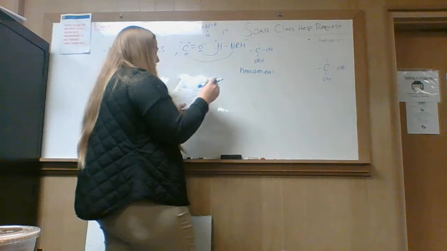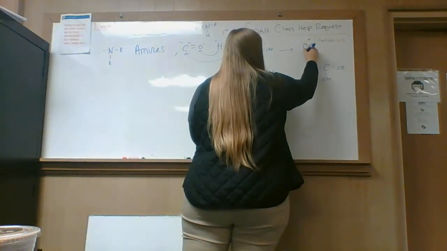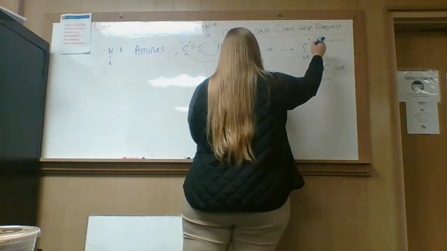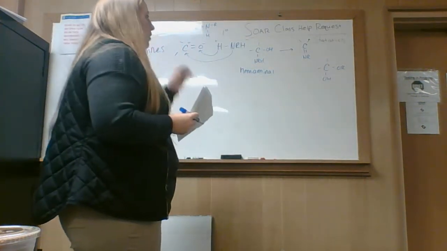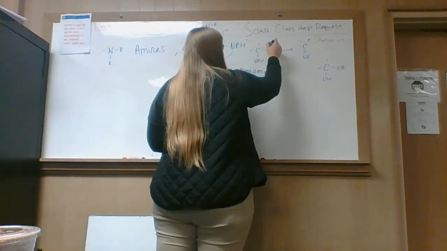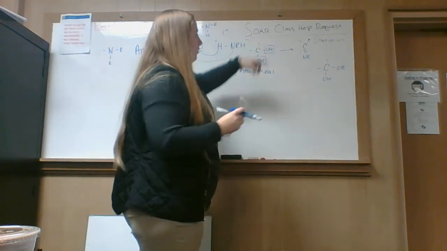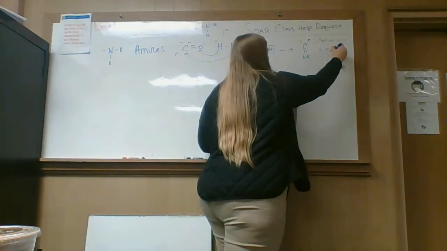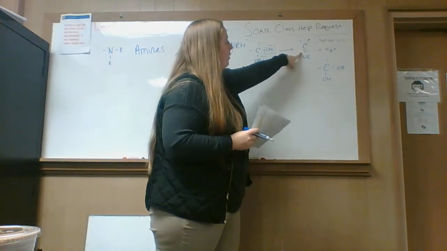The final product here is probably one that you're not familiar with. Essentially, we're pulling water out, and that's going to drive a double bond to form between the nitrogen and the carbon.